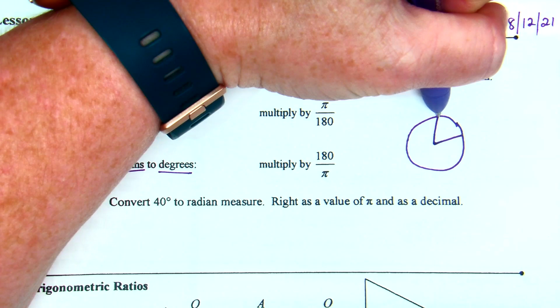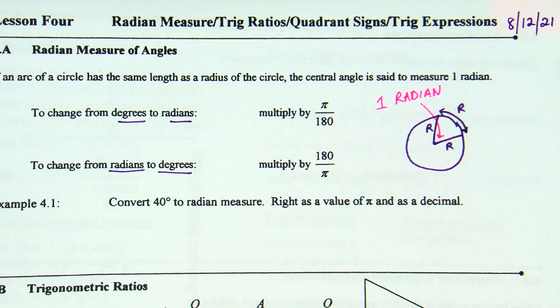So right down in here is the measurement of 1 radian. Okay? So that is your definition of a radian. I don't know how much we focused on that yesterday, but if the arc of the circle is the same length as the radius, then the central angle measures 1 radian. Sorry, radius, radian, I get tongue-tied.